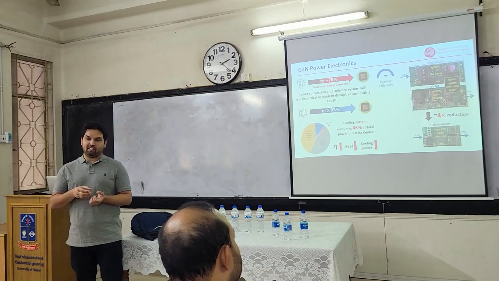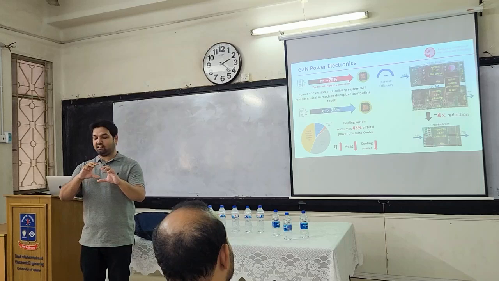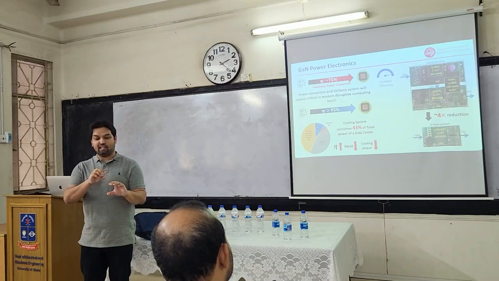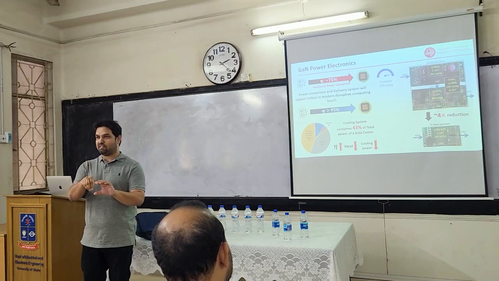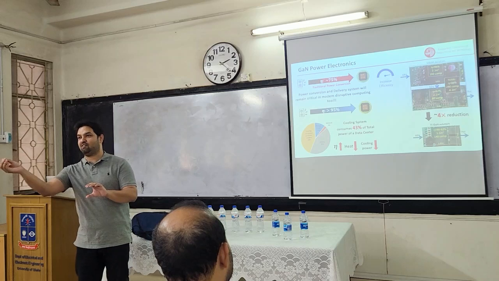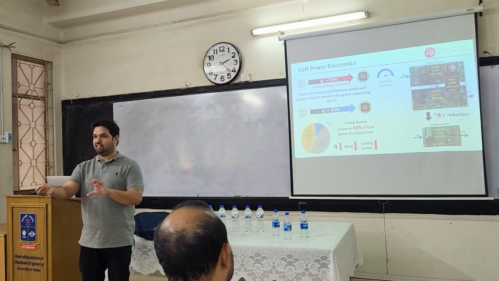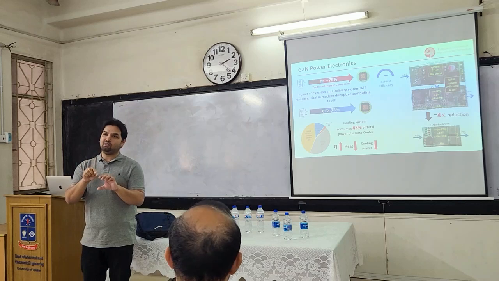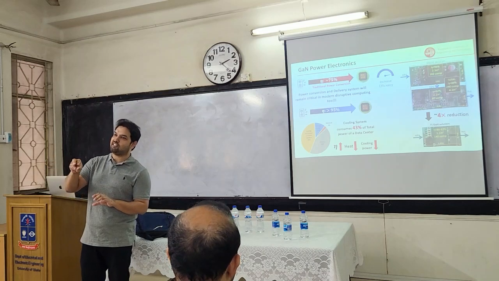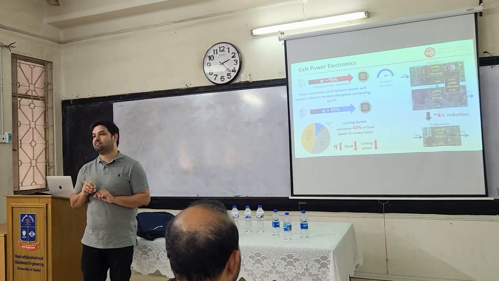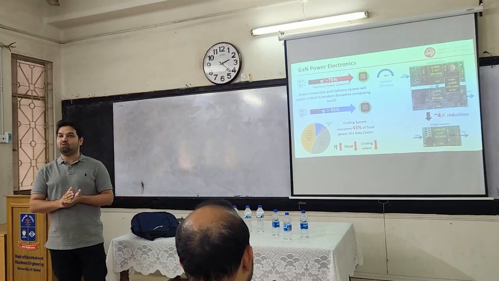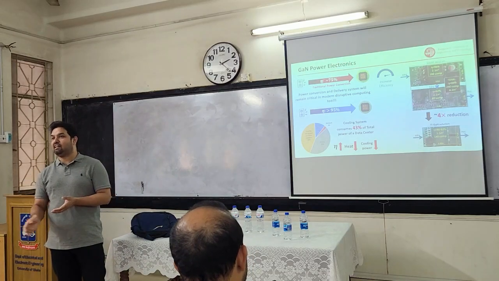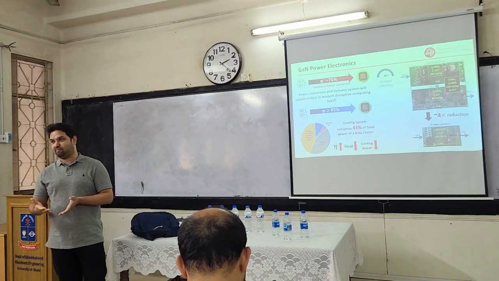But think about it: in a power conversion, you're putting the energy into the capacitor, and then in the next cycle you're taking it out. Putting energy in, taking it out. So if you need to put in less energy, then you can reduce the size of the inductor or capacitor. And for that, you need to do this at a faster rate. That means your switching frequency has to increase.